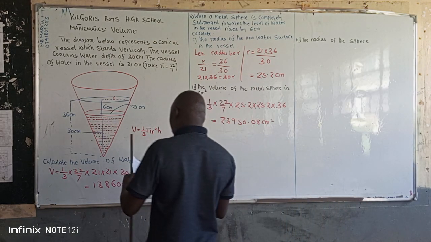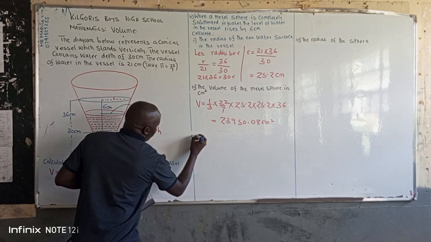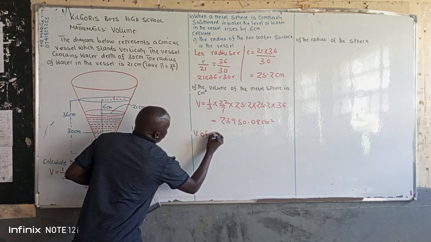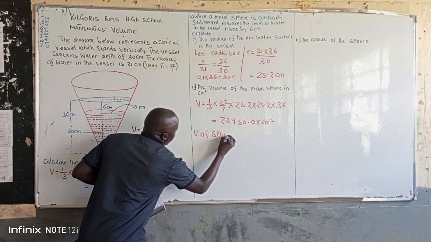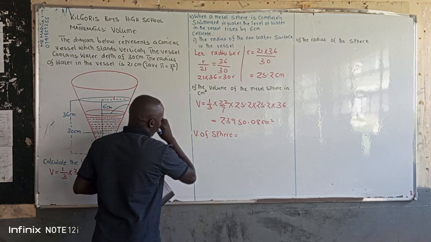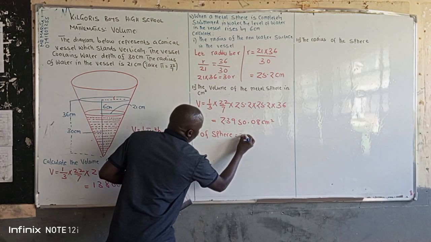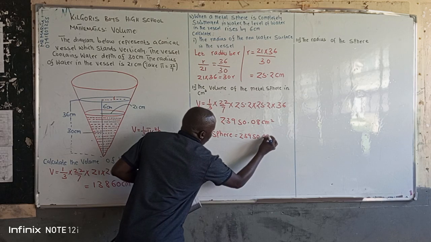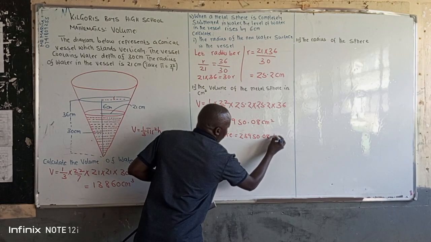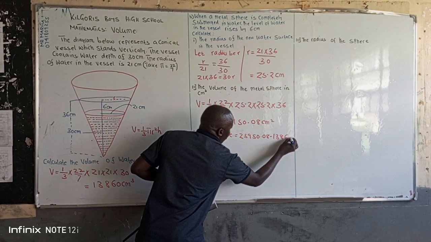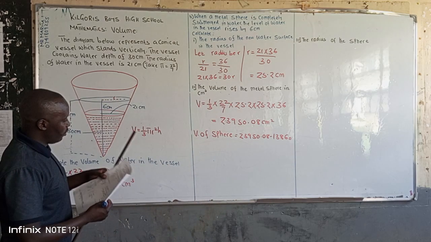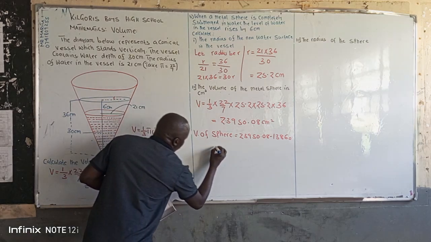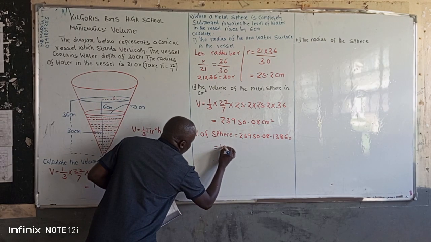So the volume of that metal sphere is equivalent to 23,950.08 minus 13,860.